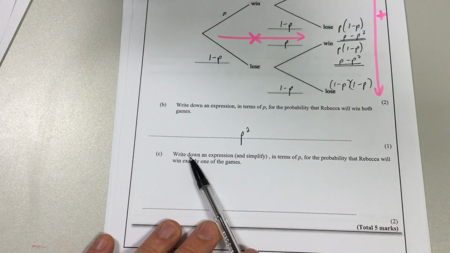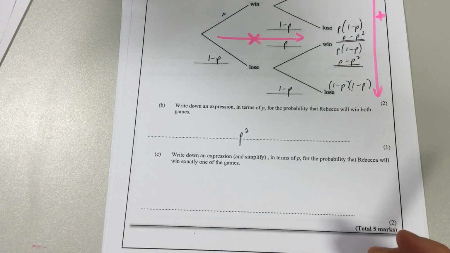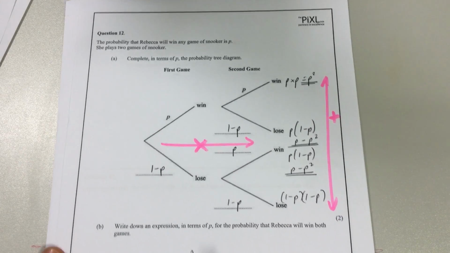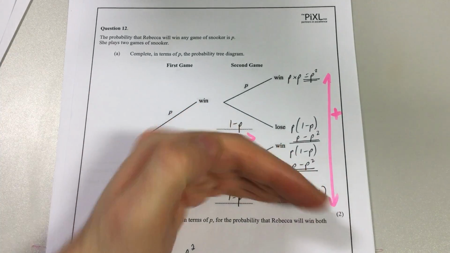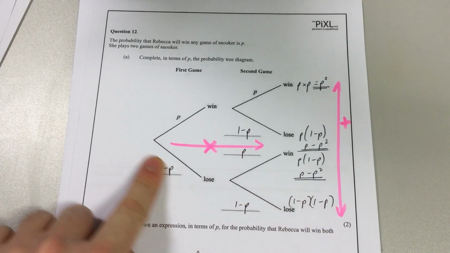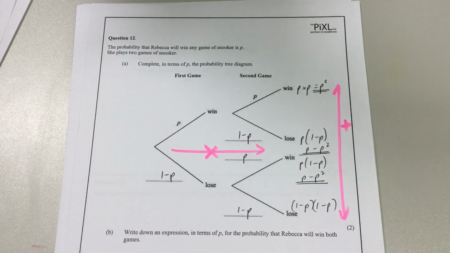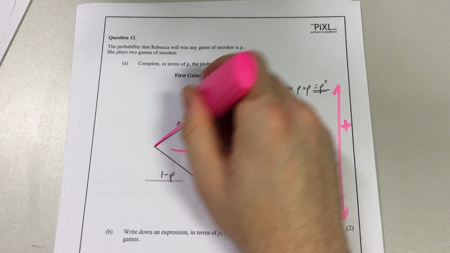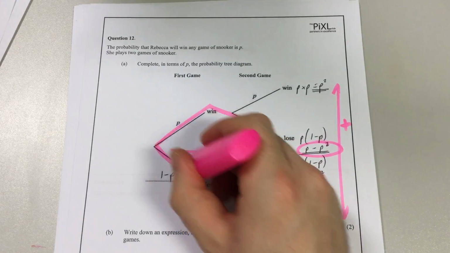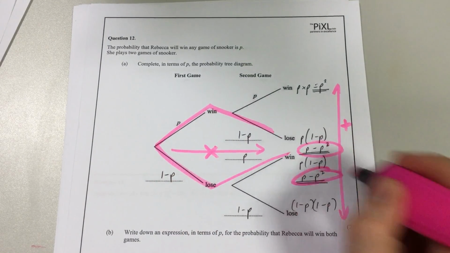Next one, write down an expression in terms of p for the probability that Rebecca will win exactly one game. If I go down the bottom, she's lost both games, so I didn't need this double bracket in the end, so I'm not going to bother expanding it. But there are different options for this, so you can win and lose, so I'd need this one. You could lose then win, so I need this one.